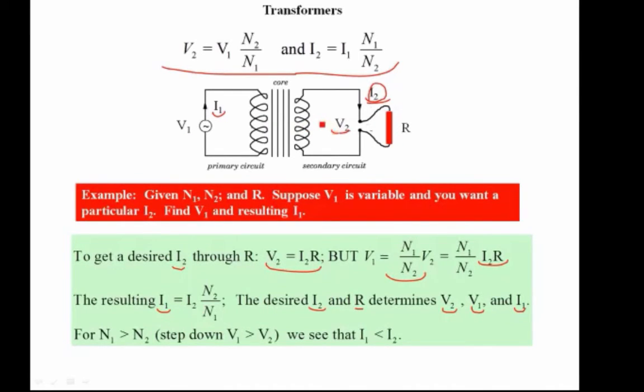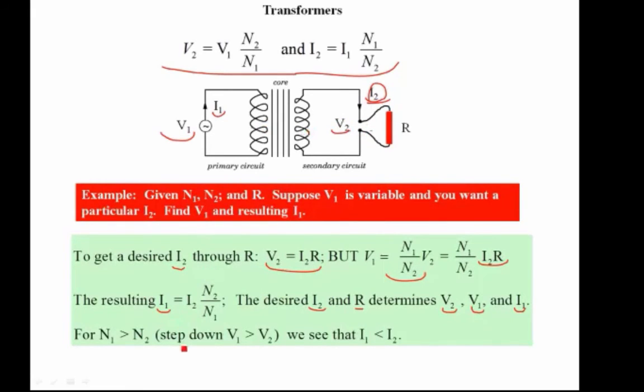It depends a lot on what this circuit is doing, and whether you want V2 large or V2 small, whether or not you step up or step down. A typical case would be where this is 110 volts out of the wall, and this might be something that you want to have safe. So for example, somewhere around 15 volts, then obviously you want step down.